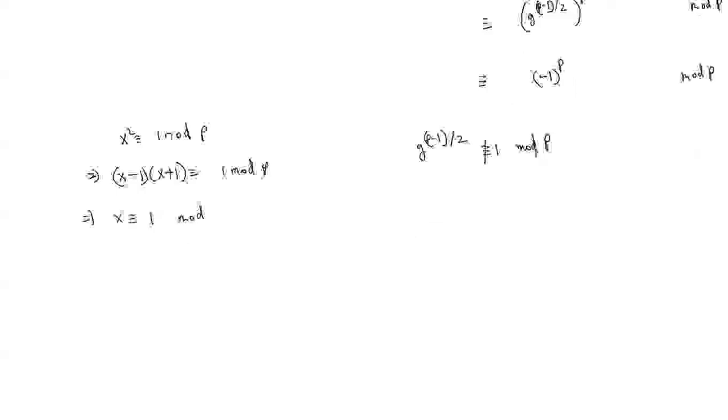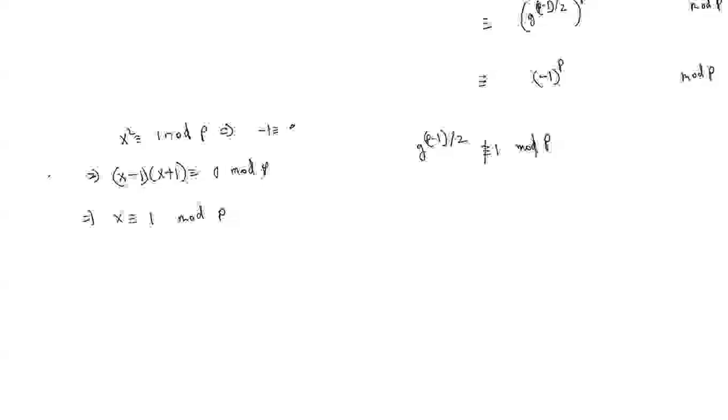That should be 0 mod p. Sorry, that should be a 0 mod p. This implies that x square minus 1 is congruent to 0 mod p.